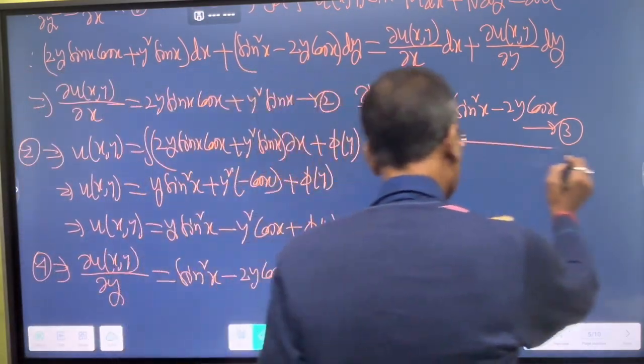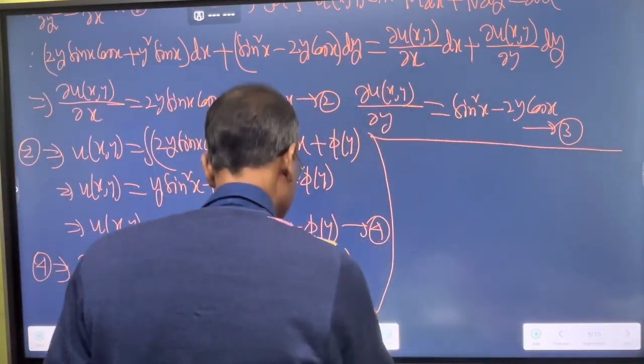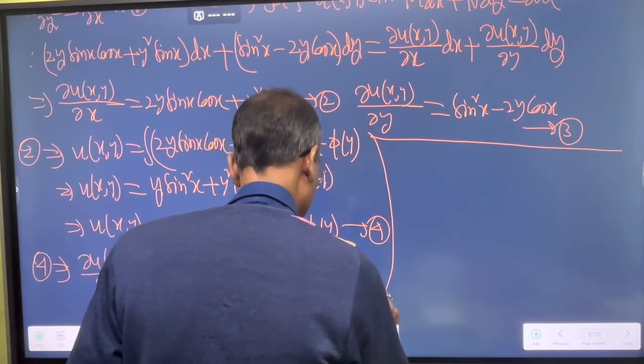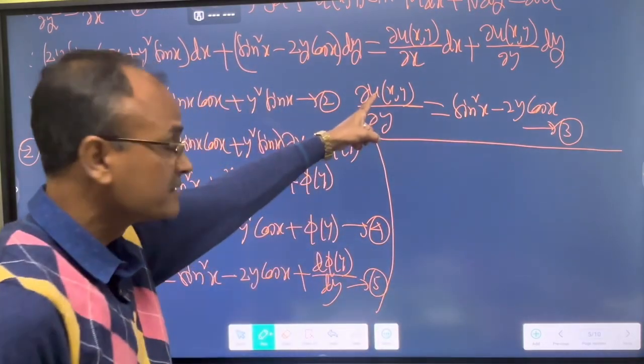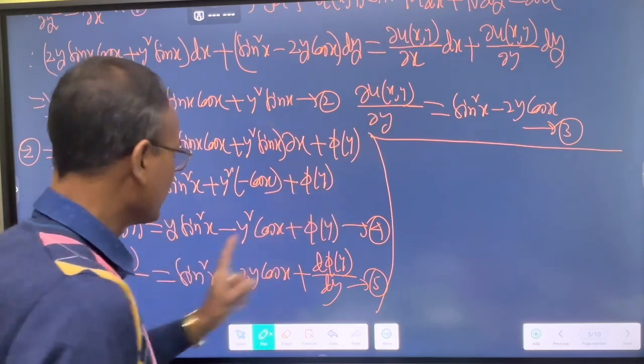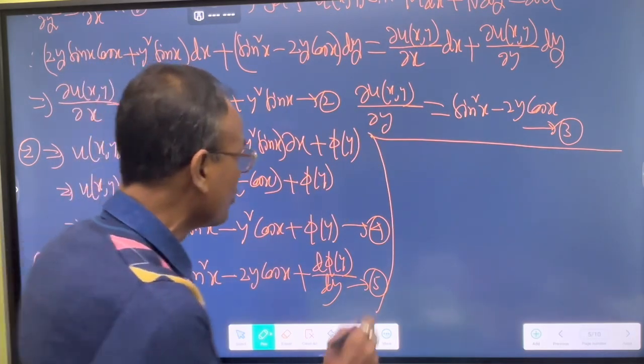Now, let me write here. From 3, suppose this is number 5. Left hand side of 3 is del u by del y, and left hand side of 5 is del u by del y.